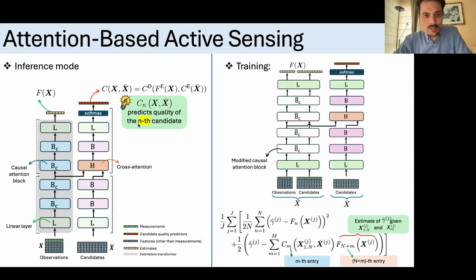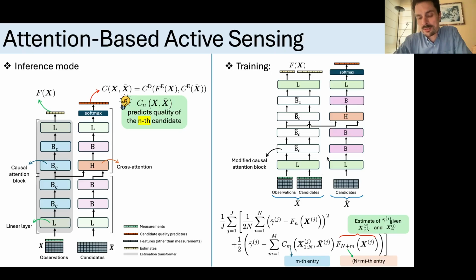And to train this transformer, what we do is to give the estimation transformer both the candidate locations as well as the measurements at the candidate locations, which are available at training time.